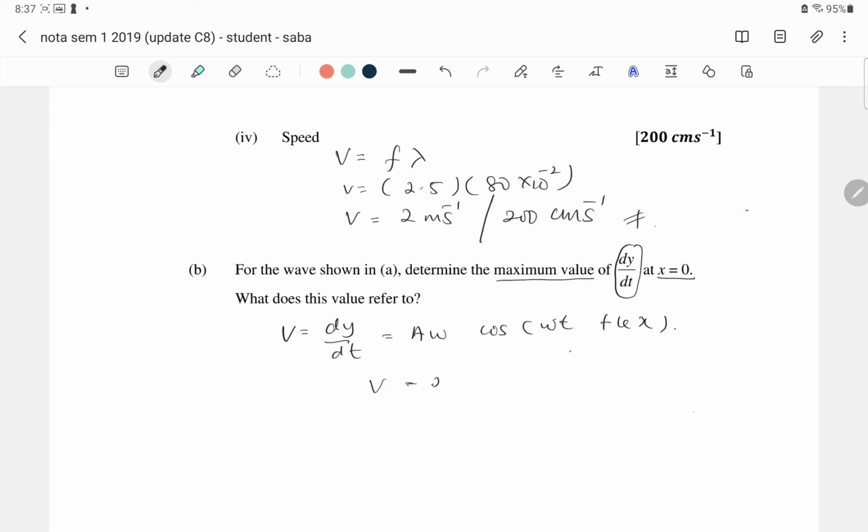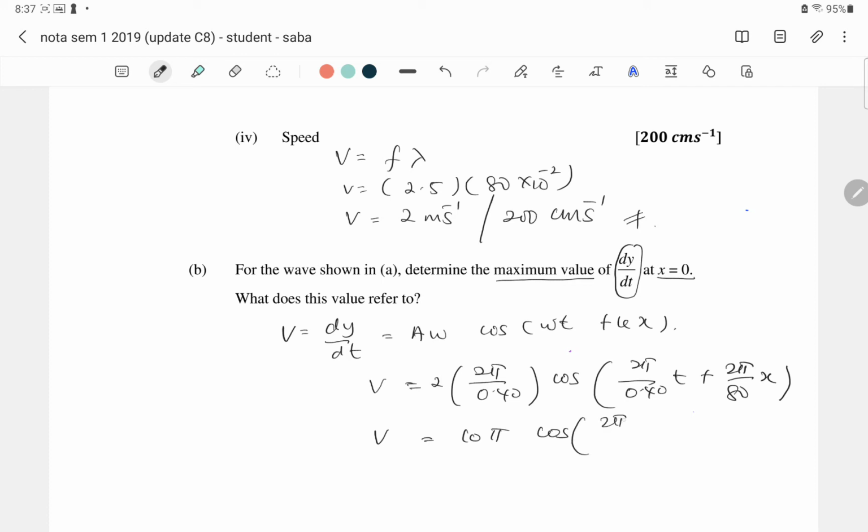So v is equal to 2, your omega is 2 pi over 0.40, cos 2 pi over 0.4 t plus 2 pi over 80 x. So your v is 10 pi cos 2 pi over 0.4 t. So for v maximum, we can have 10 pi centimeter per second, where cos 2 pi over 0.4 t is equal to 1.